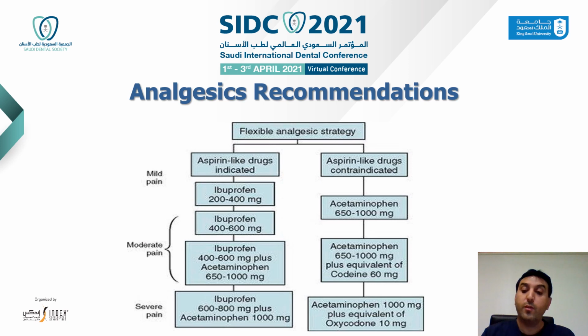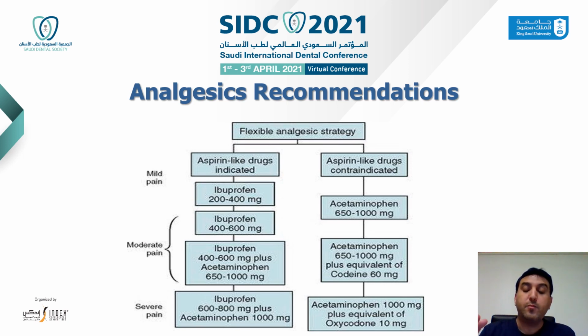For moderate pain, we can go with ibuprofen alone at 400 to 600 milligrams, or combine ibuprofen with acetaminophen or paracetamol: 400 to 600 of ibuprofen, or 500 to 1000 of paracetamol. We might go for severe pain, and this will be a big dose: 800 of ibuprofen plus 1000 of paracetamol. Now, combining this much is too much for the patient.